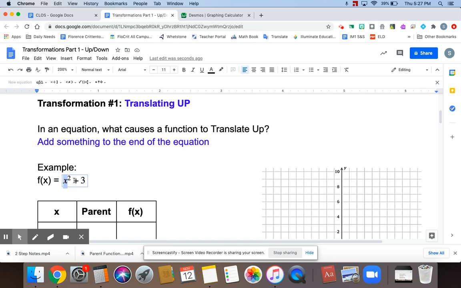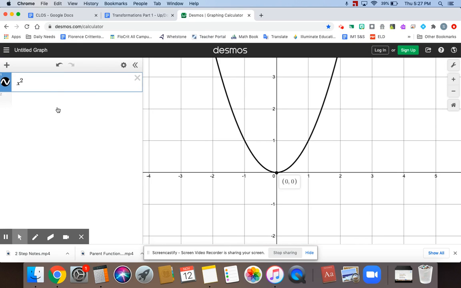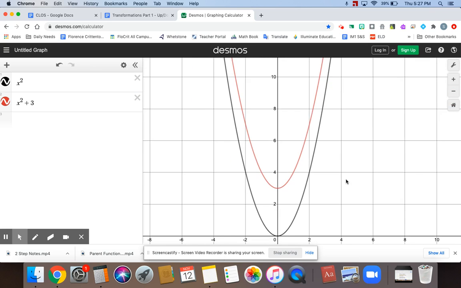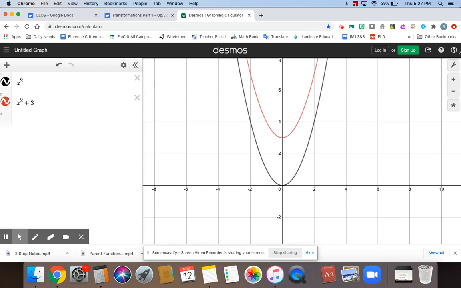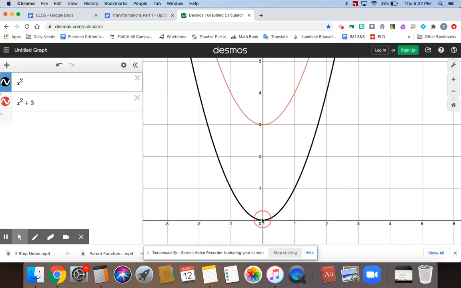This x squared plus 3, this plus 3 is going to make me translate my x squared up 3. It's going to move it up 3. Let me show you. Here's x squared. Here's x squared plus 3. See how the whole graph went up 3? The vertex was down here at 0, and then it moved up there to 3. See that?